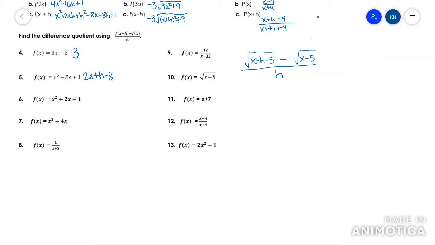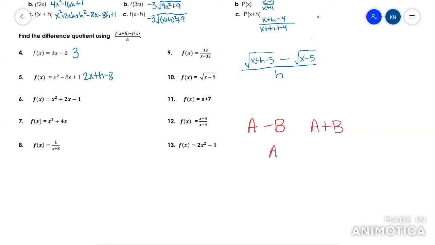Now, we don't like this part. And so basically you're going to have to imagine it like this. Imagine it said a minus b, and you wanted to times by the conjugate of this, which is a plus b. The reason you would want to do this is because it's like a difference of squares when you FOIL it out.